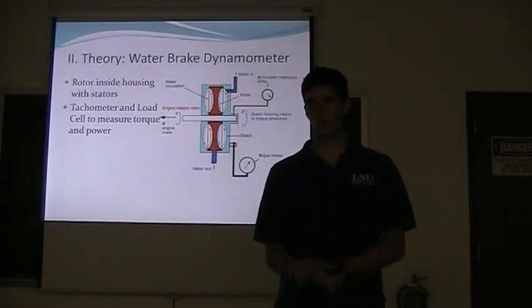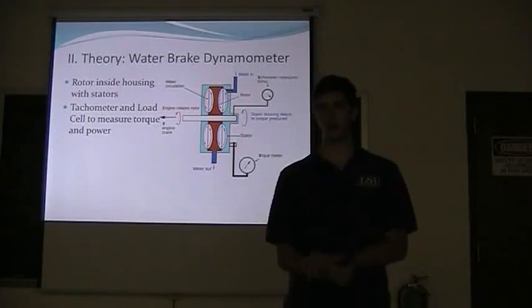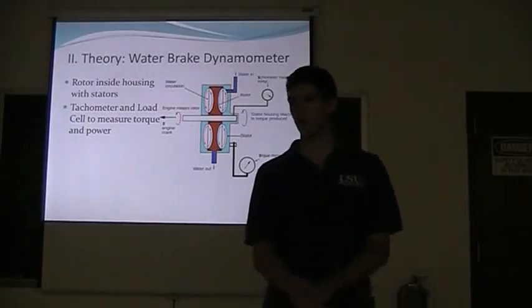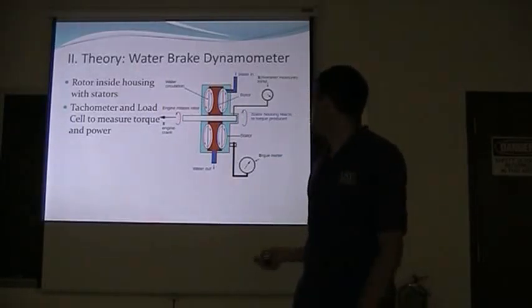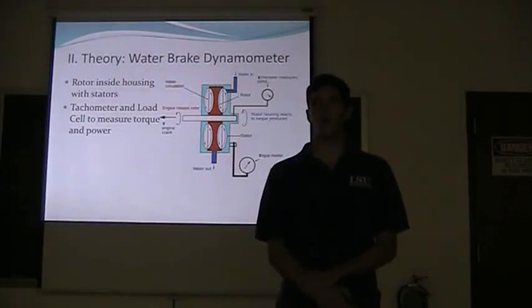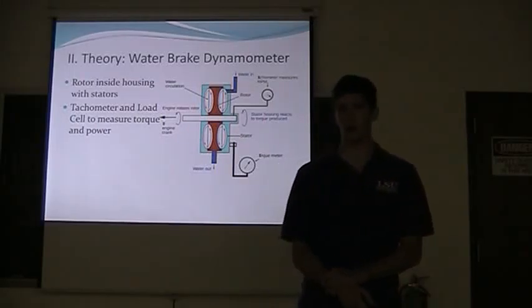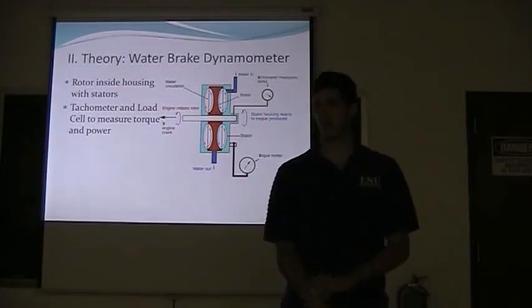So we have the speed and we have the torque of the engine. From there we can get the power, and that's basically the 3 things we're interested in finding out. And lastly, you can adjust the load: adding more water will give you a higher load, more resistance, and taking water out of the system will result in a lower load.